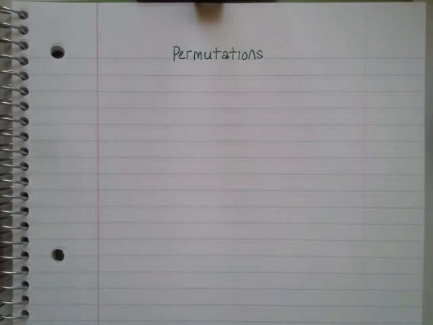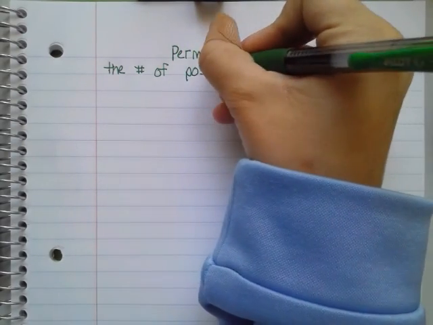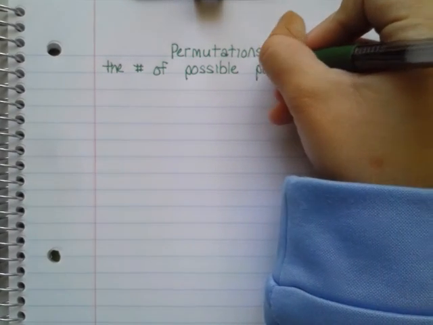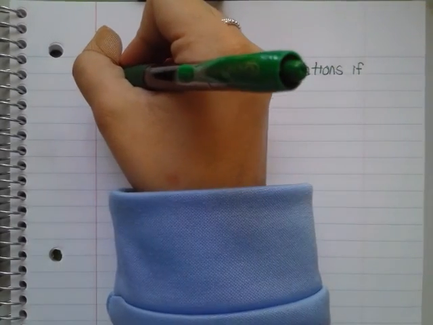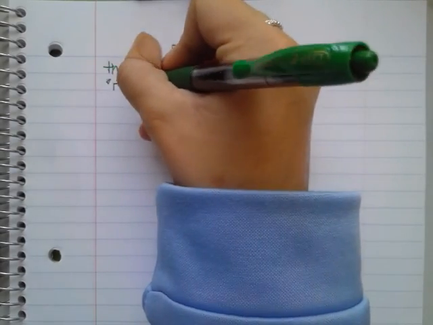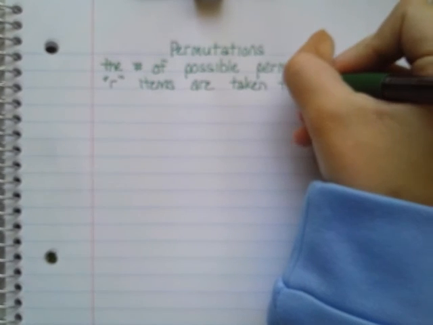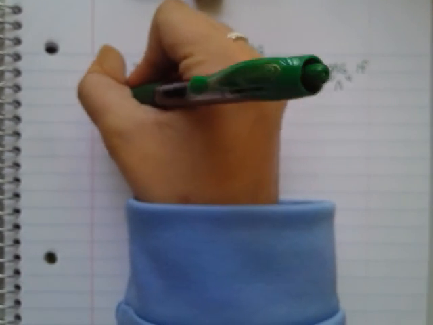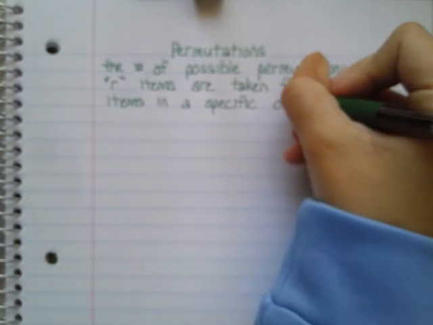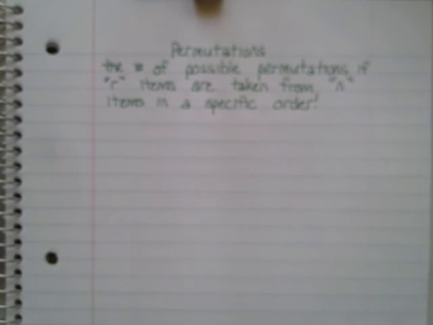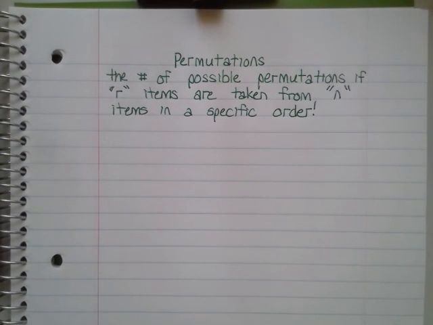Permutations are the number of possible permutations if R items are taken from N items in a specific order.